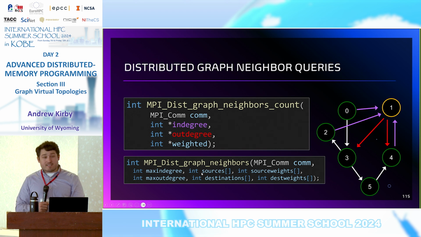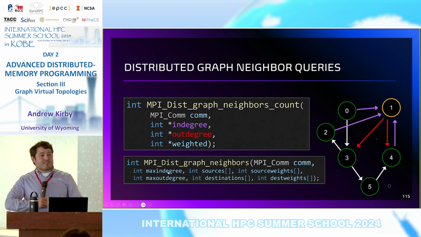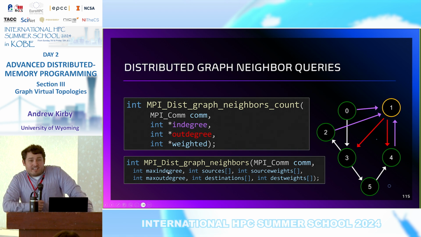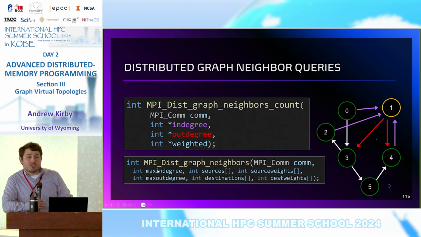The other interesting thing is max in degree and max out degree. Suppose you have, again, a crazy example where you had rank 0 talking to 10 billion other nodes. But when I query, I don't want to actually learn who I talk to, I don't want to blow up memory. So you can limit how much information you want to get out of this query.